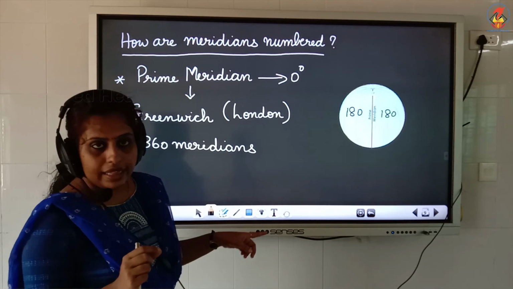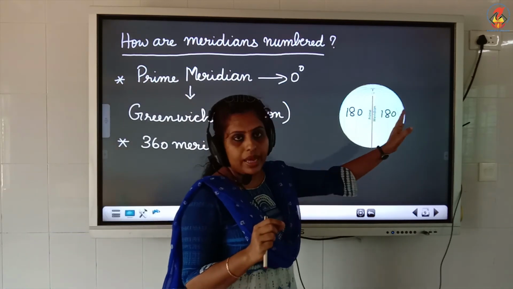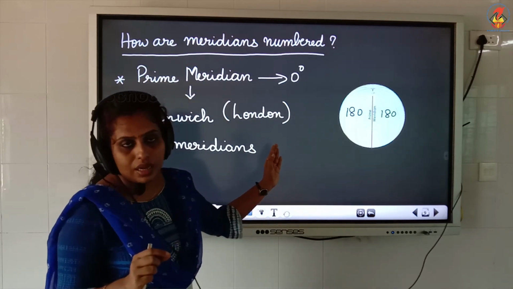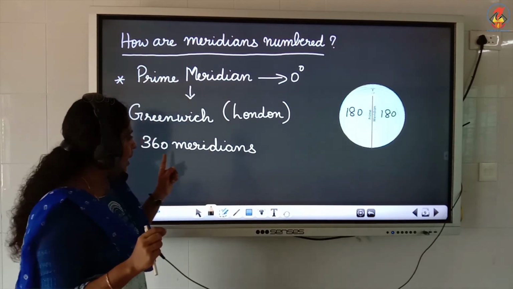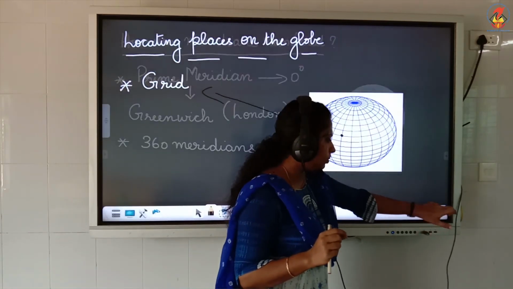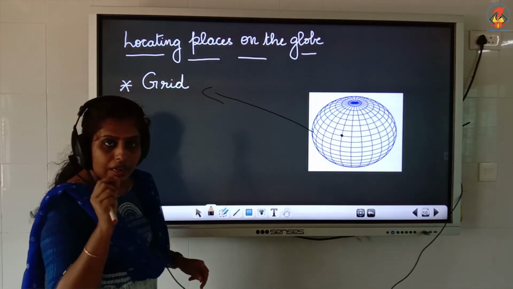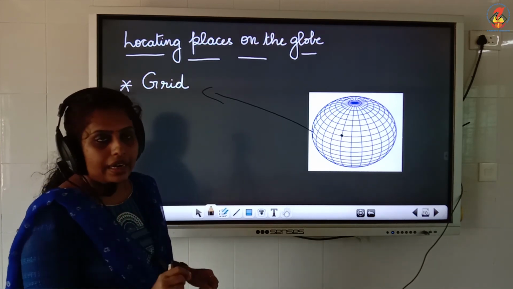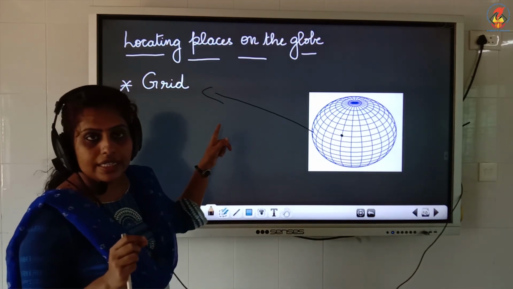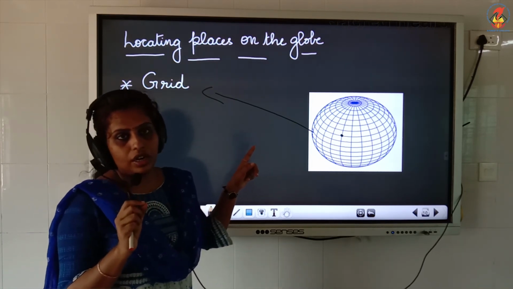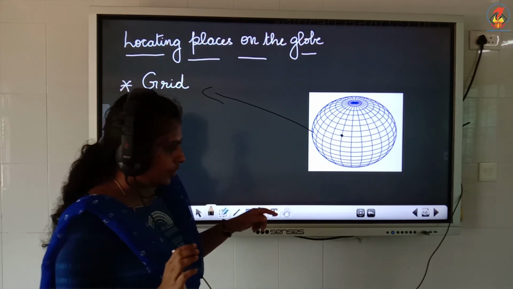There are 180 meridians towards the east and 180 towards the west, so in total we have 360 meridians. Then we learnt about the grid: the network of lines of parallels and meridians is called a grid, and it is used to locate a place on a globe or on the earth's surface.